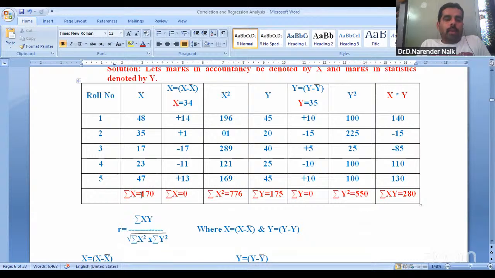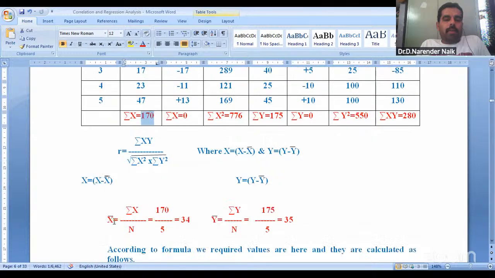That is 170 divided by 5, which is x bar, that is 34. And y bar is 175 divided by 5, that is 35. So observe carefully, 34 and 35. We got whole-number values in both cases.